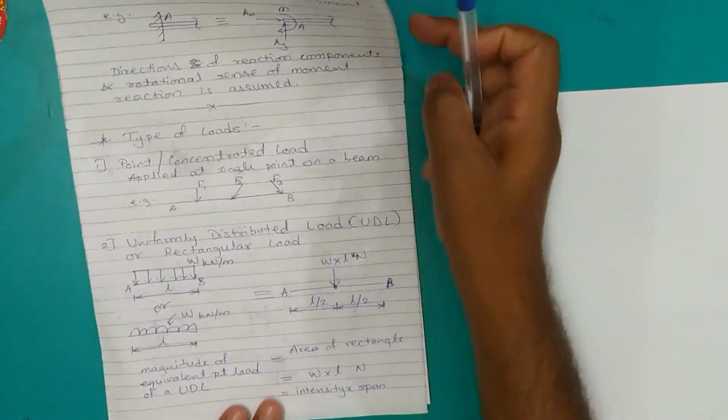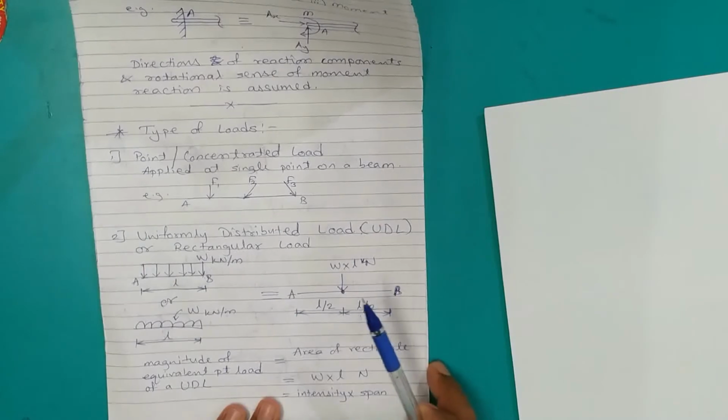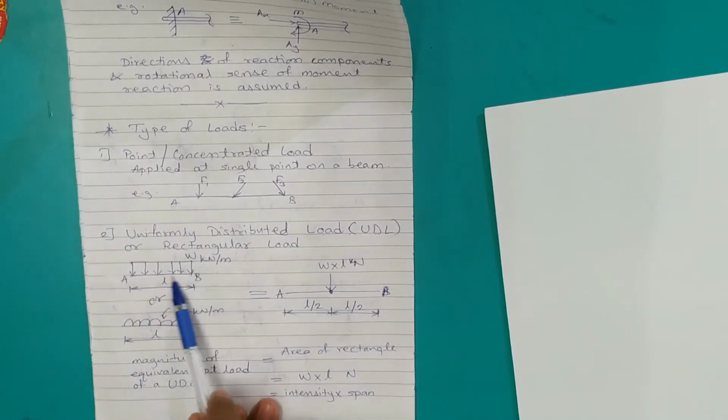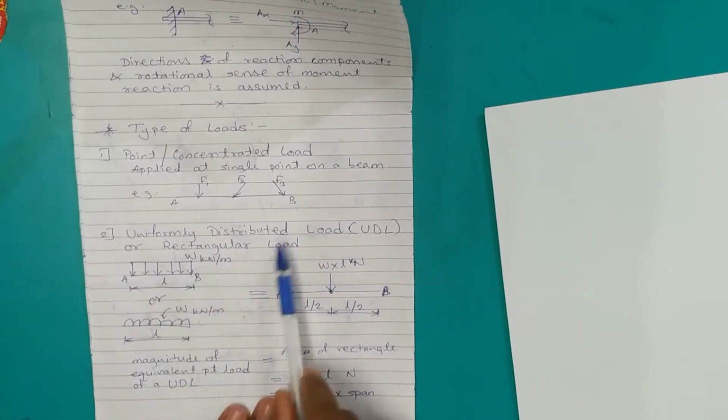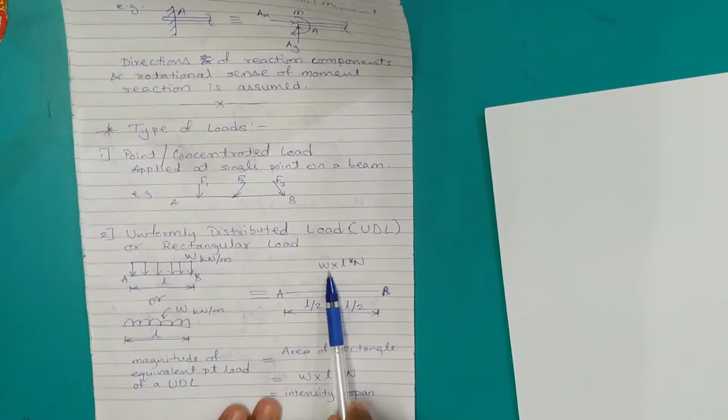To convert a UDL into an equivalent point load, you have to find the area of this rectangle. Length into breadth is the area of the rectangle. In case of UDL, length is nothing but the span on which the load is distributed, and the breadth is the intensity of this loading. So W into L becomes the magnitude of the point load.